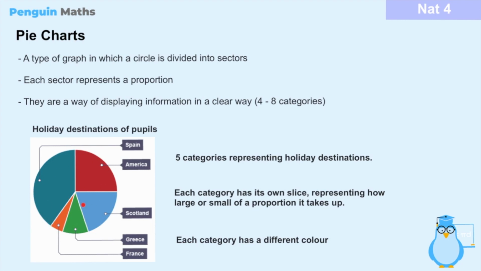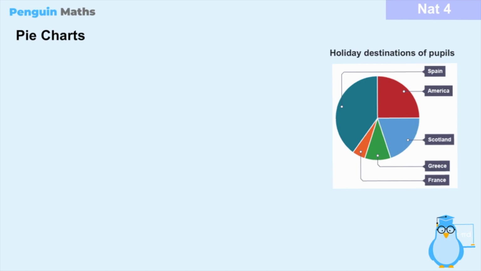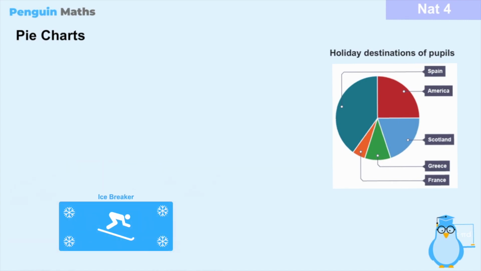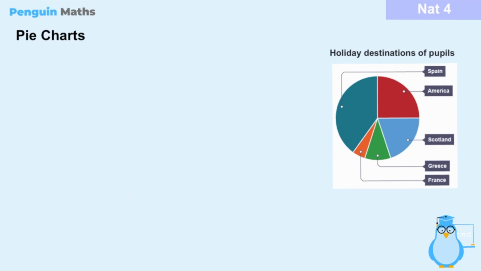Because it's displayed in this way, we can clearly see how big or small a proportion each of these holiday destinations is within the pie chart. The main purpose of today's lesson is to learn how we can gather the information of asking pupils where they went on holiday and transform this information into this pie chart here. We're going to go through the entire process and what is needed to create a pie chart like this.